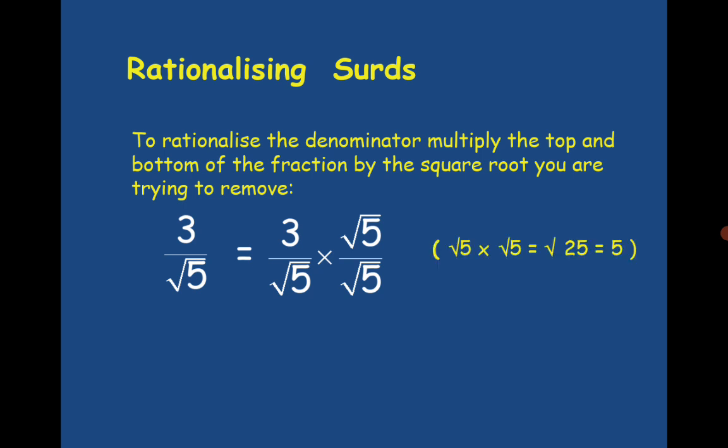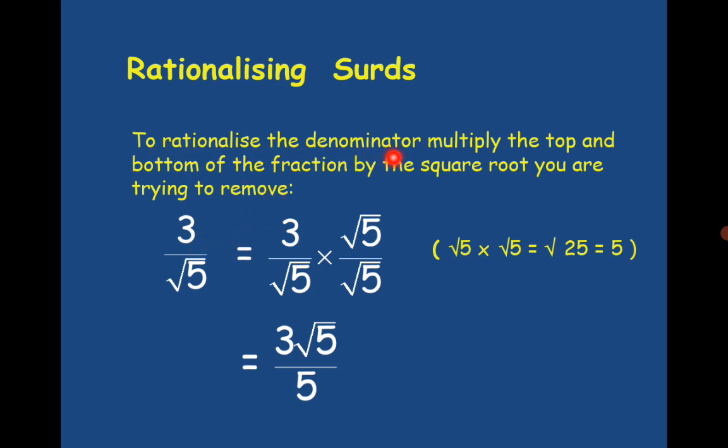So the result is going to be, you must recall that root 5 times root 5, which is this one here, is just a 5 without a root. So the result of rationalizing this is 3 root 5 over 5. Again, these cannot cancel out. For now, they are unlike terms.